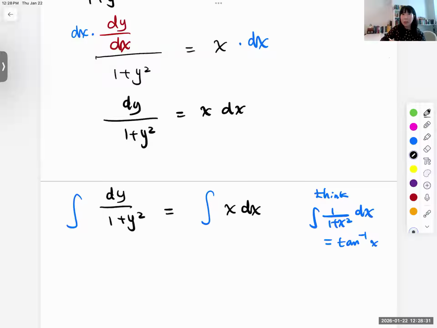The left side will be arctangent of y, since y is the variable. What about the other side? The antiderivative: we add one to the power and divide by the new power. And on the other side, we add a plus C, because we want to solve for y, not on the left side.